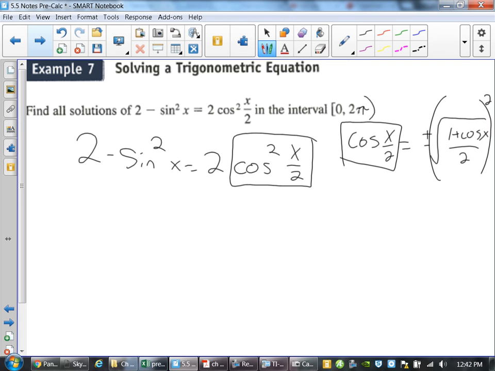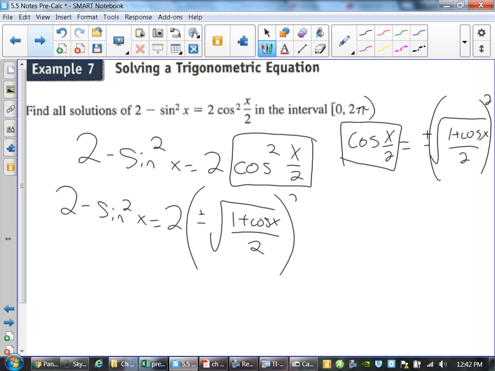It's just a large substitution problem. So we get 2 minus sine squared x is 2 times the quantity, where I just took the cosine of x over 2 and wrote it out as what the formula says a half angle is.